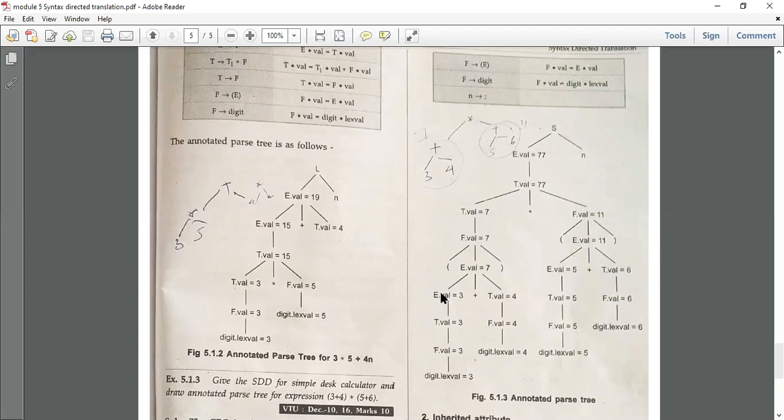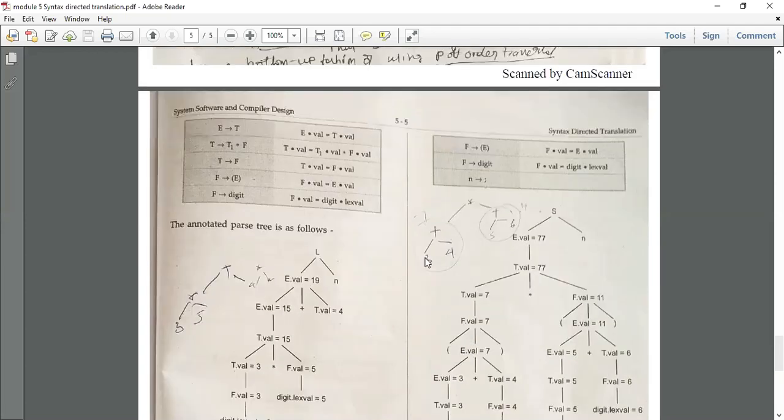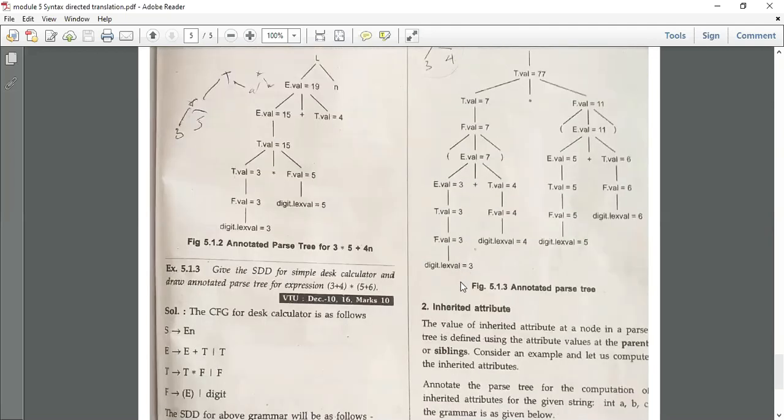So you reach that level, E to T, T to F, wherever F tends to digit, come to the digit.lexval level, and add. Then we perform the addition: multiply 3 plus 4 is 7, 5 into 5 plus 6 is 11, 11.